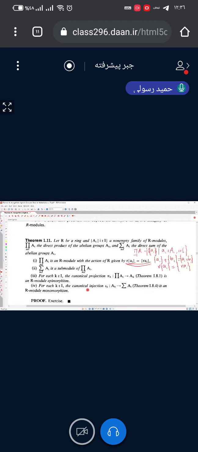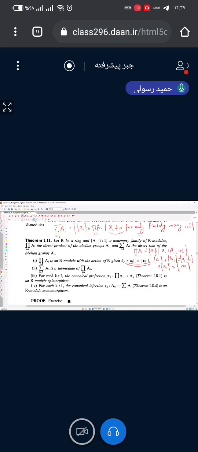In fact, sigma of AI is the set of all sequences AI in product of AI such that AI is not zero for only finitely many I. This means that except for some finite, all of AI equal zero. Only a finite number remain nonzero.